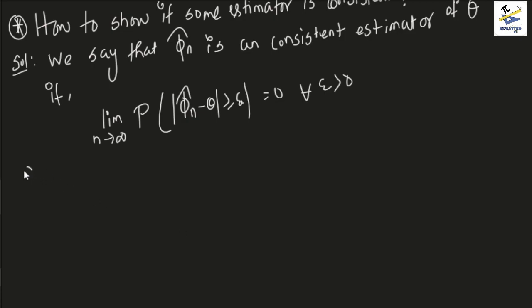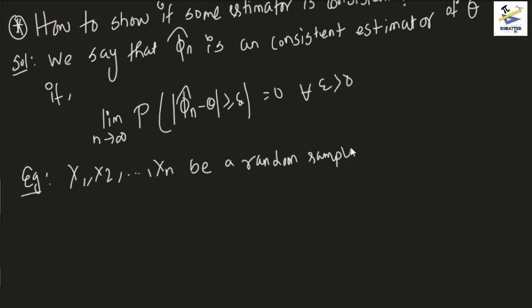Suppose X1, X2, all the way up to Xn be a random sample with mean E of Xi equals theta and variance of Xi equals sigma squared.